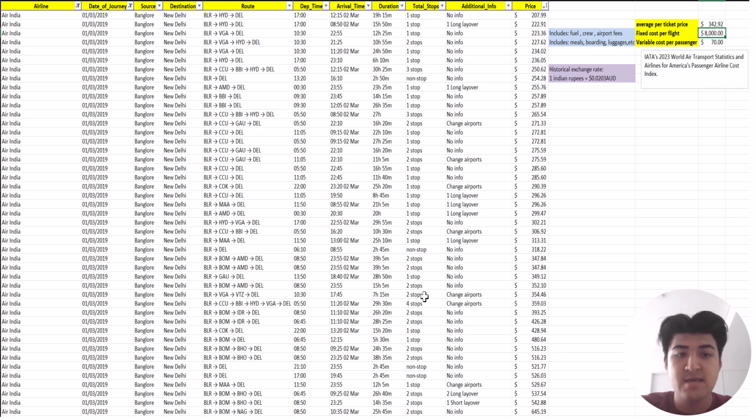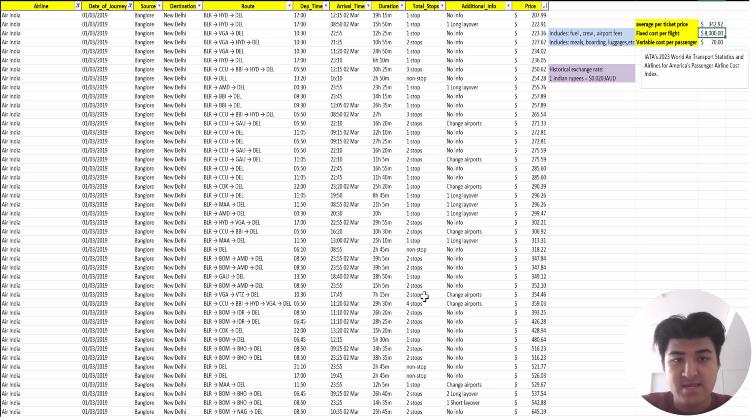Then I used Excel to calculate the average ticket price, and thanks to subtotal filtering, I avoided the mistake of averaging hidden or empty rows. I got the result of $342.92 average per ticket.